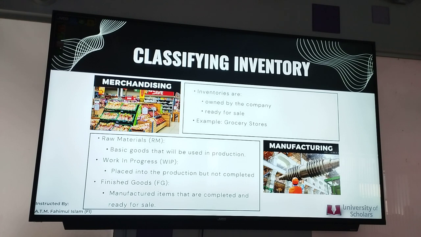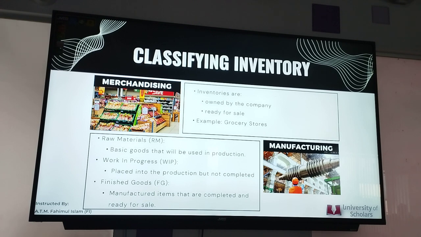And when they complete their work, when they have a finished product, they say it is a finished good, a finished mobile, or a finished car, now we can sell them. When a product is ready for selling, we call it finished goods. These three types of products are at different stages, and that's why we account for them in different methods.